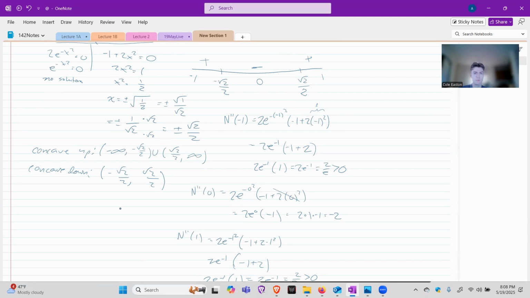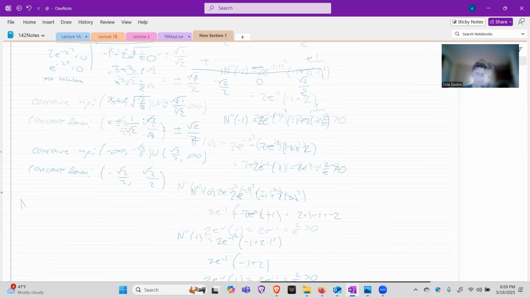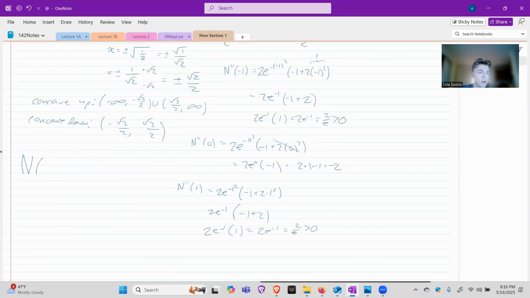And the last thing we want to do is find the inflection points. Notice now we have 2 inflection points. So we need to plug our, I guess you could call them inflection numbers, which are -√2 over 2 and √2 over 2 into our original function. So let's do that. Okay, so let's find n of -√2 over 2.